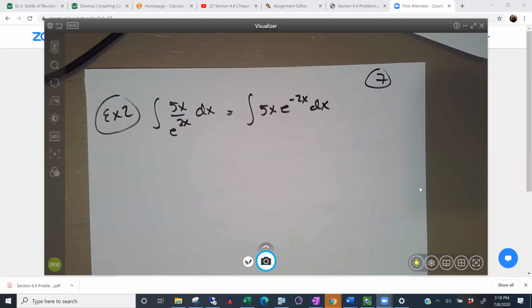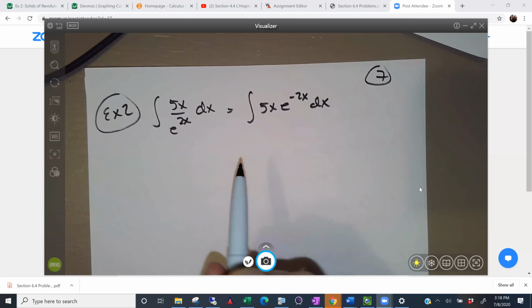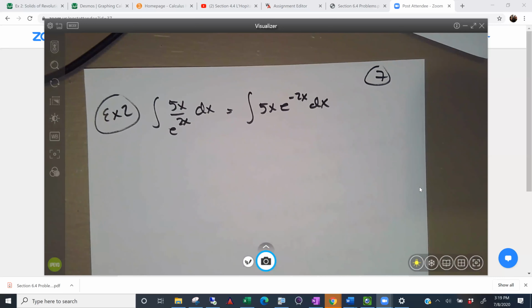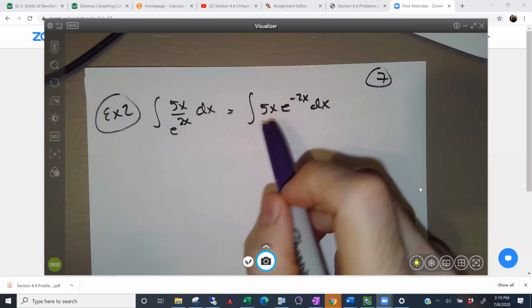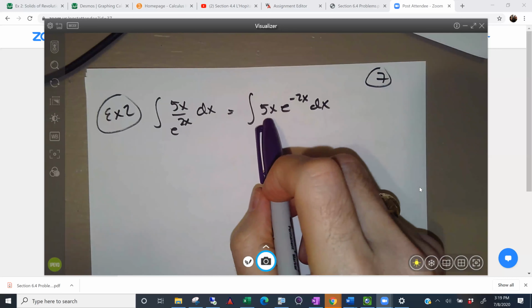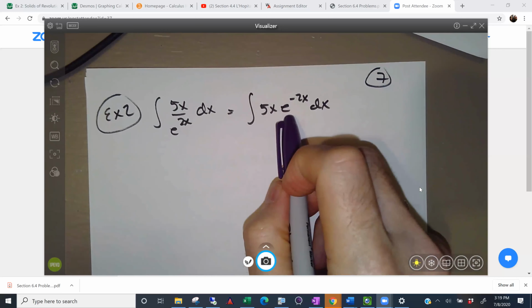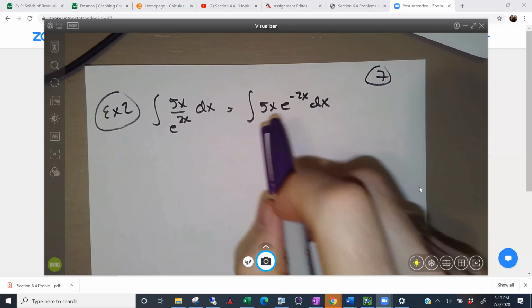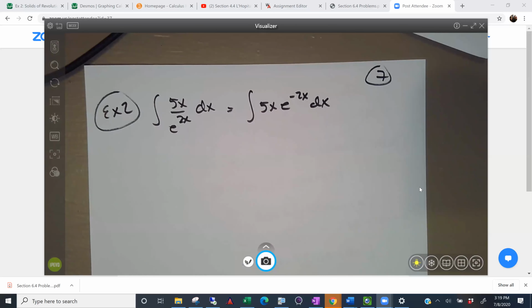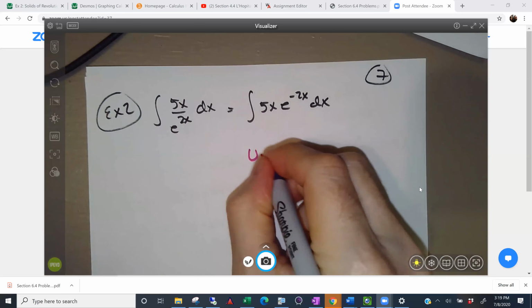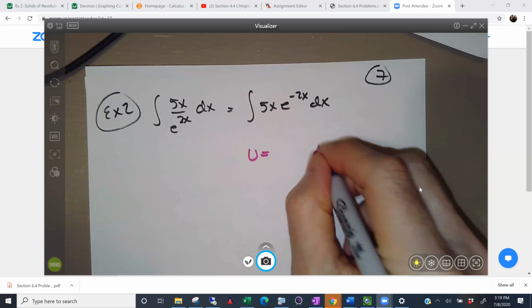And that puts it a little bit more in the form of, hopefully, a u times dv. Now, this is not something we can integrate directly. We don't have a product rule for integrals. So the best we can hope for is to set it up as something is my u and something else is my dv.